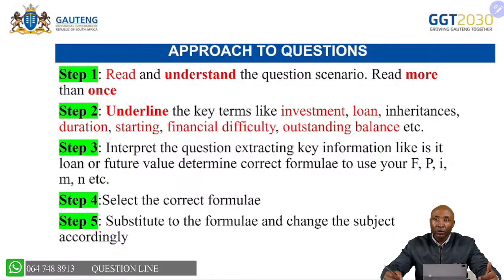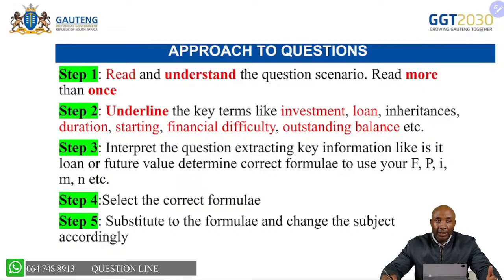You treat it as a present value annuity. Starting, because that's where we should be able to know how many payments you are making. Is it a deferred annuity? Is it a normal annuity where you just leave a gap? So those terms help us.